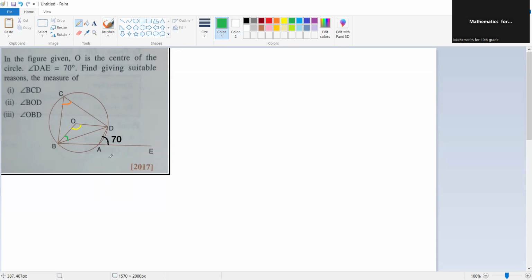So how do we do that? We start with this angle, 70 degrees, which is given here. If this angle is 70, I'll mark this angle in pink. It should be 180 minus 70 because BAE is a straight line.